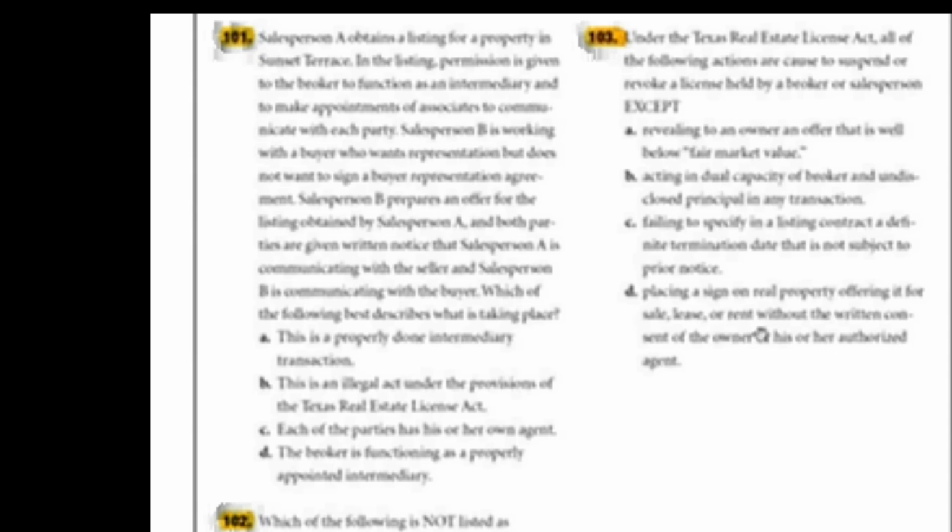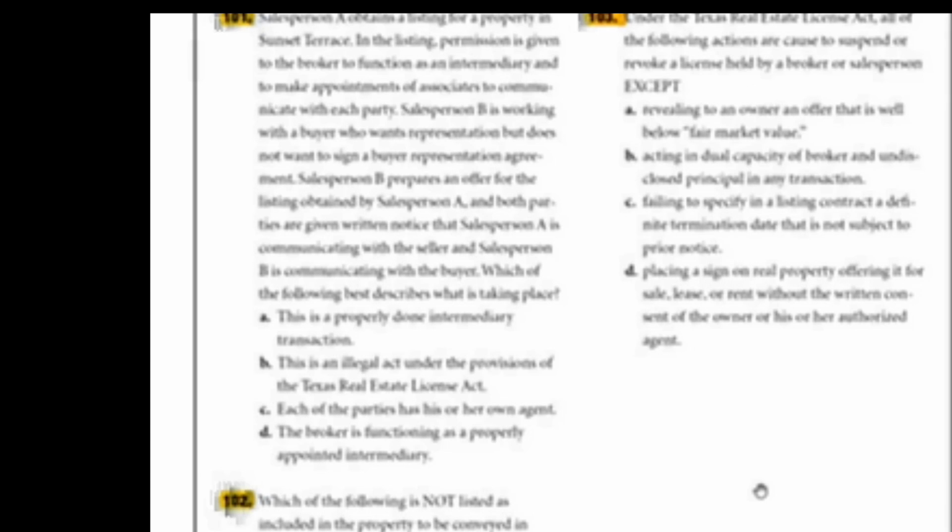Putting a sign on somebody's property, we need written permission, and that is stated on the listing agreement. Once we have a signed listing agreement, we can put a sign on the property because it specifies it by checking a box if we have permission to put a sign or not. All right, so 103 was A.